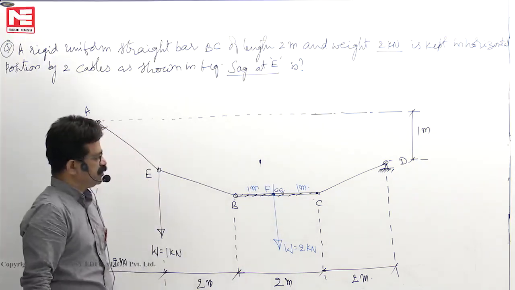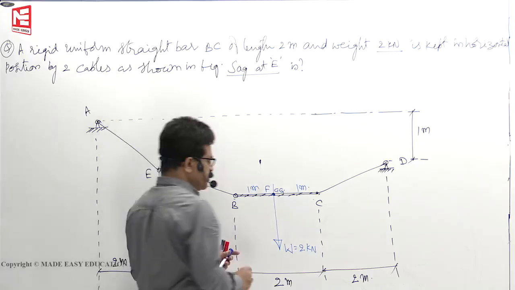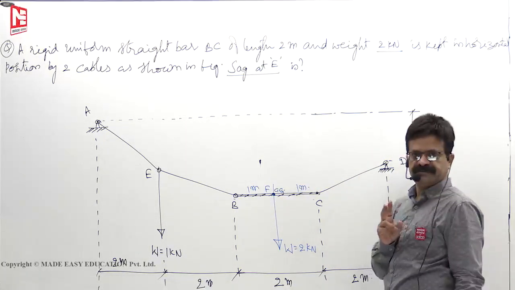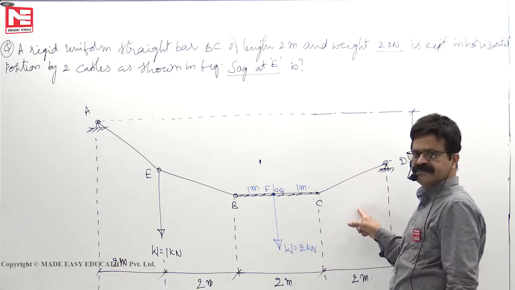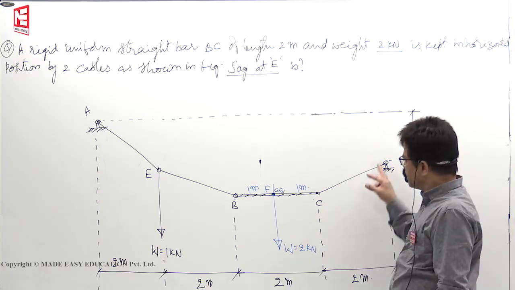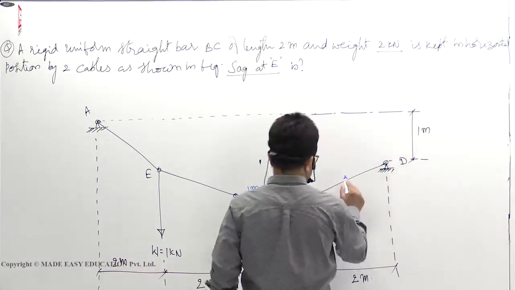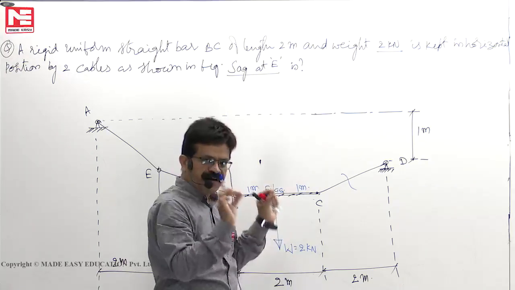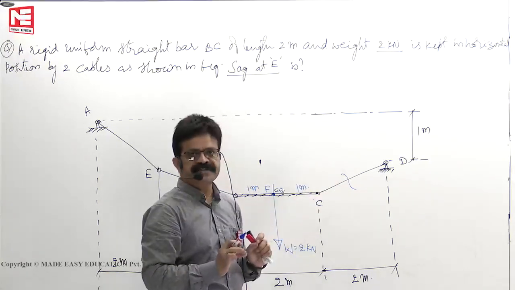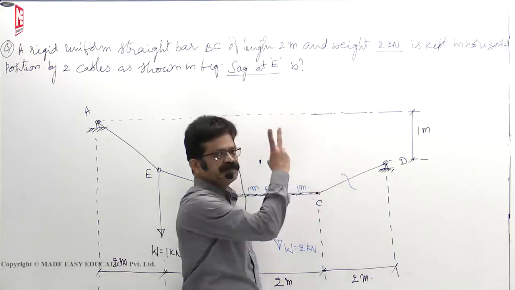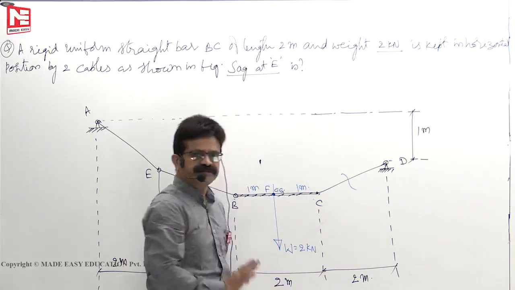Now, free body diagrams are generally drawn like this. If I cut the cable somewhere between C and D, what will this piece of the cable do? When you are drawing the free body diagram of BC, you have to show what this cable CD is doing on BC. If we cut the cable, it will fall down.